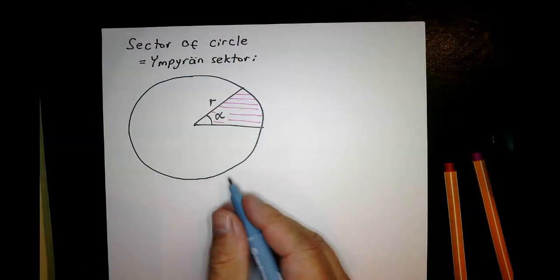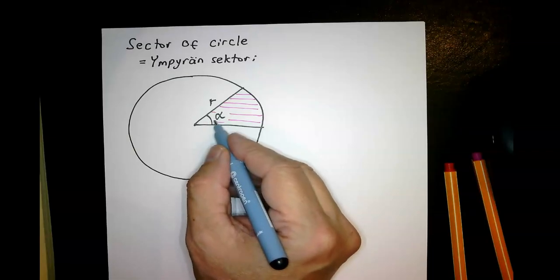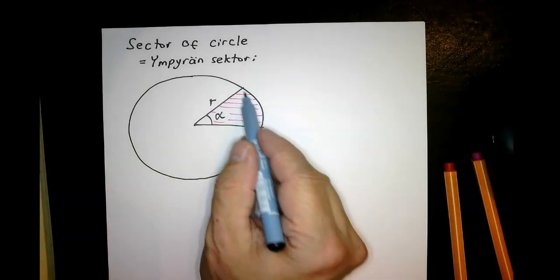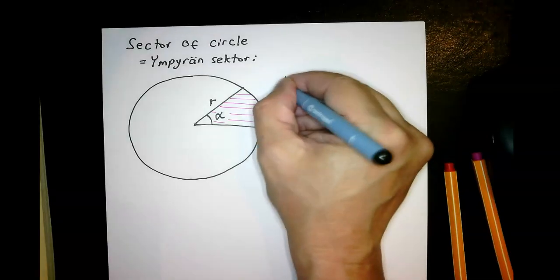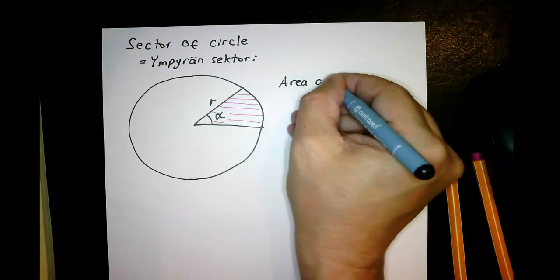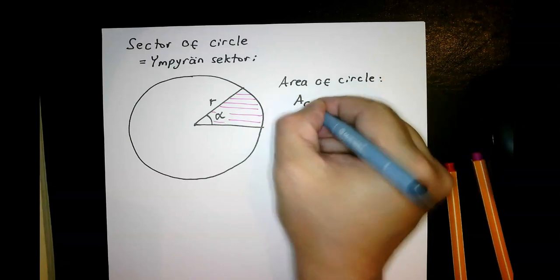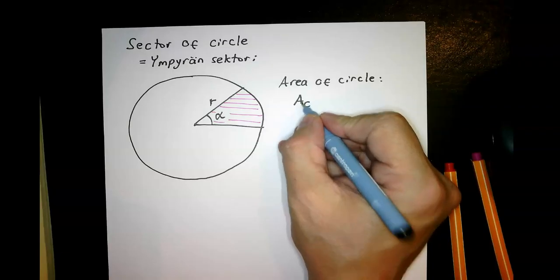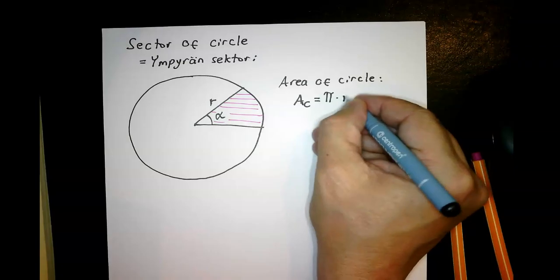And now if we know this angle here, or let's forget the angle first. We know that this is circle. The area of circle, C is abbreviation of the circle, equals pi times r squared.